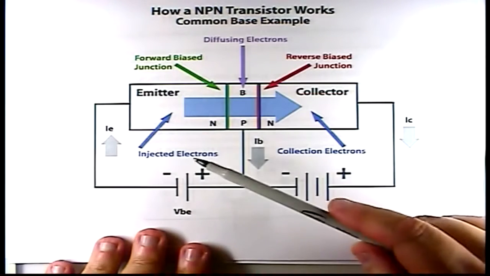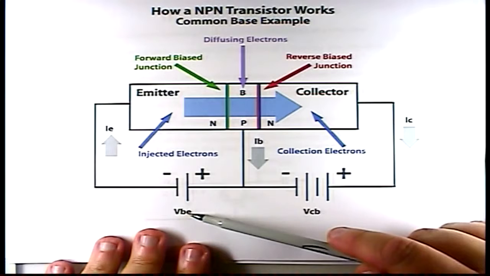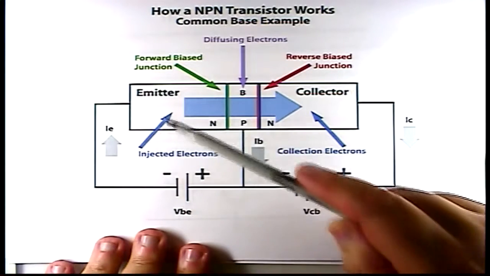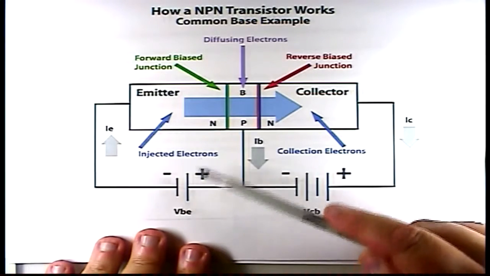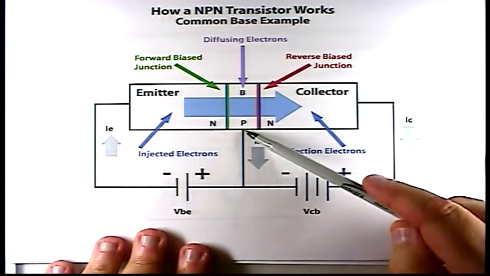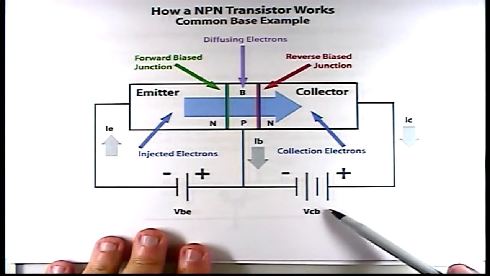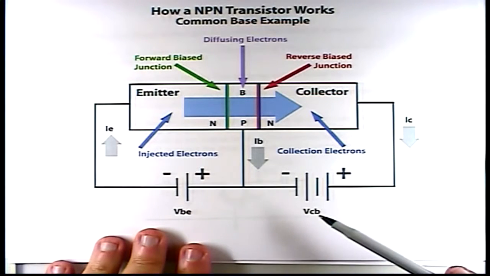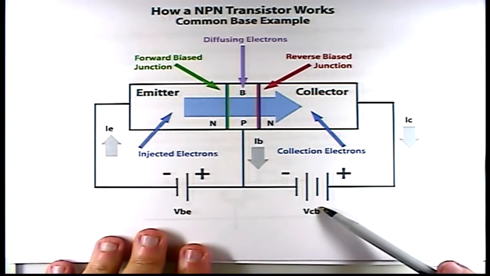For a transistor to work, you must have proper bias between the emitter, base, and collector. Now, we have a battery here called VBE, and VBE stands for the voltage applied between the base and the emitter. The more plates on the battery usually represents a higher voltage, so we have a higher voltage battery here.